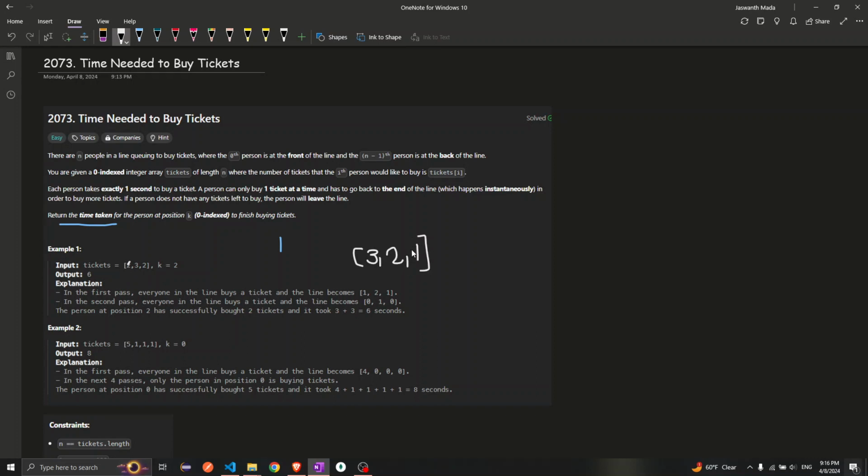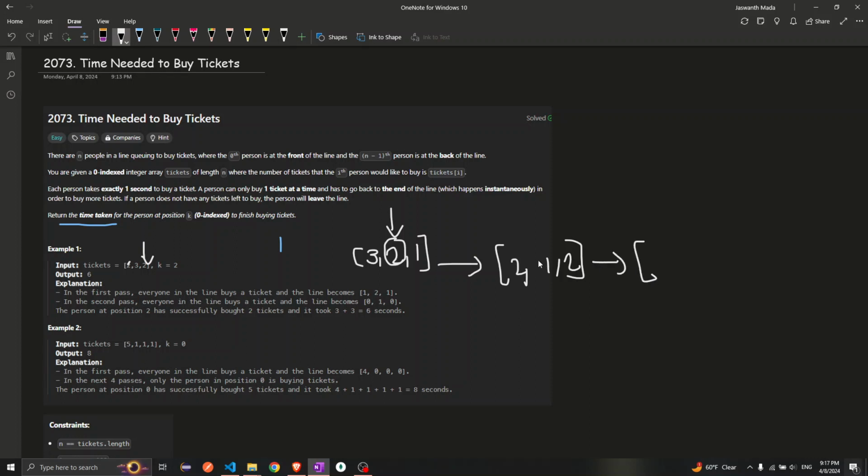So he'll come back to the last, and now this person will buy a ticket and go to the last one. We're focusing on this because k equals 2, so we need to return the time taken by this person to buy all the tickets.